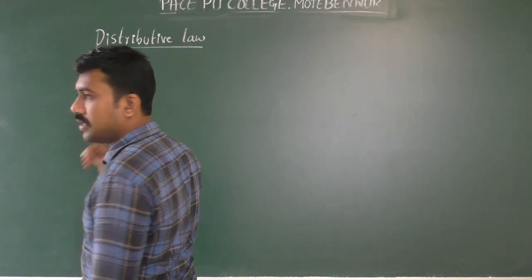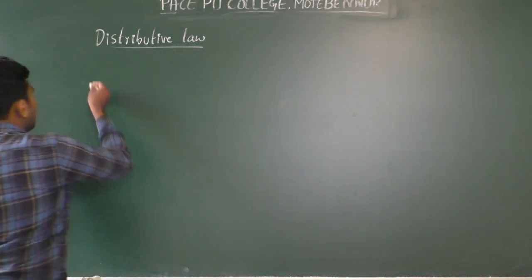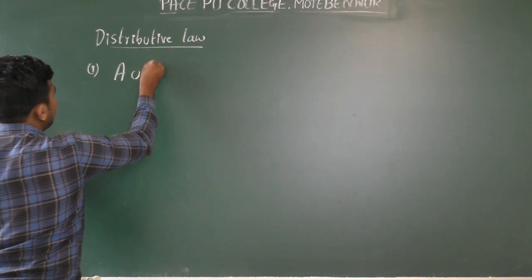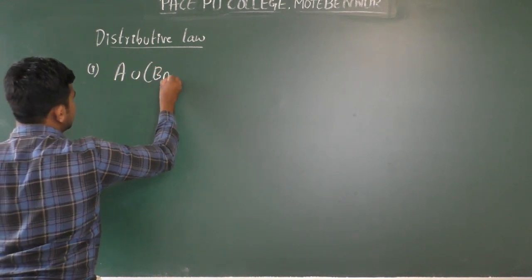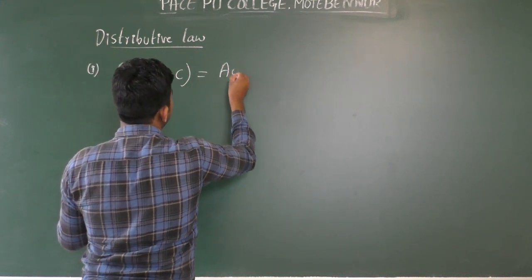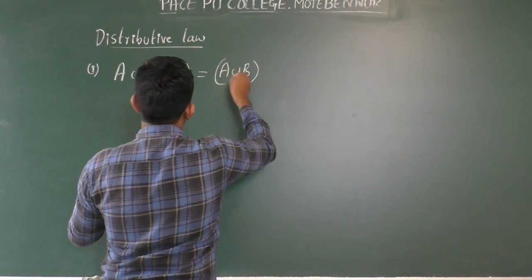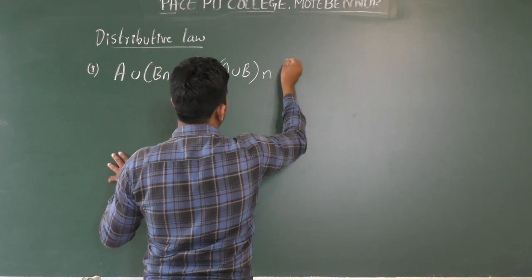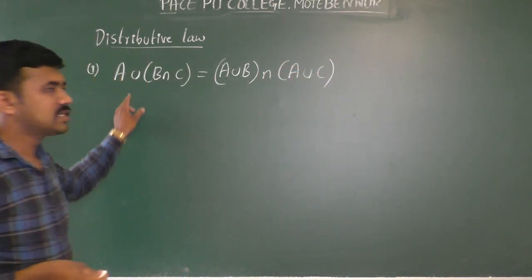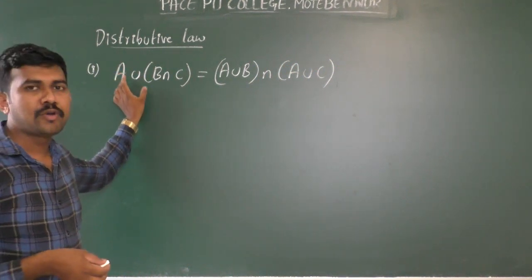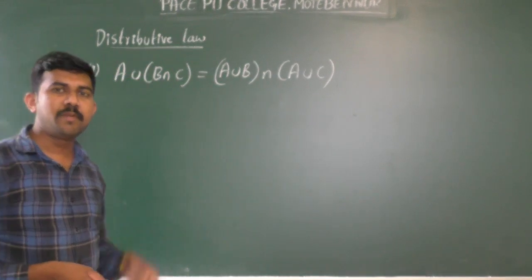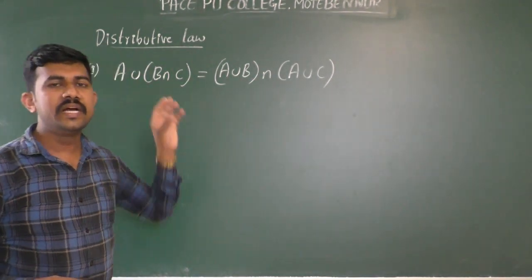See here, the first law you have is A union of B intersection C is equal to A union B intersection A union C. This is nothing but the distributive property of union over intersection.